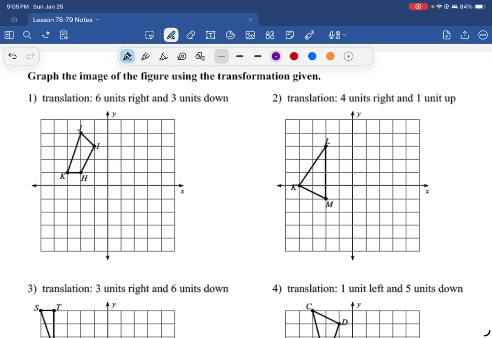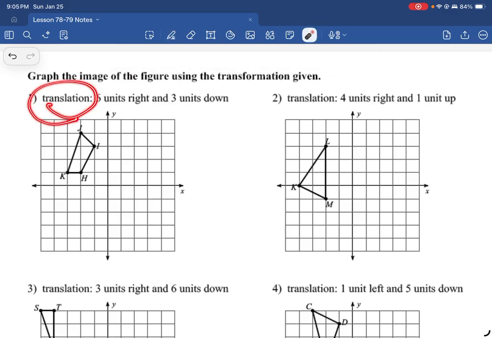And then we'll do the same exact thing for the other two coordinates. R is 1, 2 away from the x-axis. So we'll go 1, 2 away, and we'll plot our point right there. Label that R prime. And then lastly, T is also 2 away, and so 2 away from the x-axis would be right there.